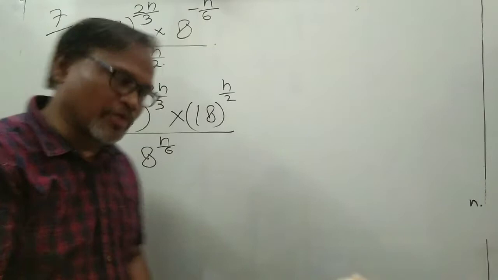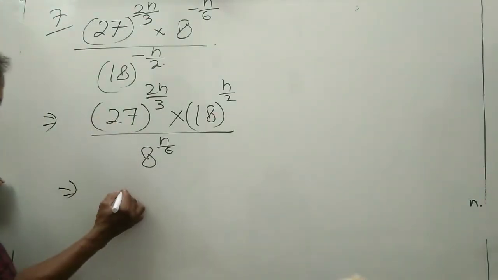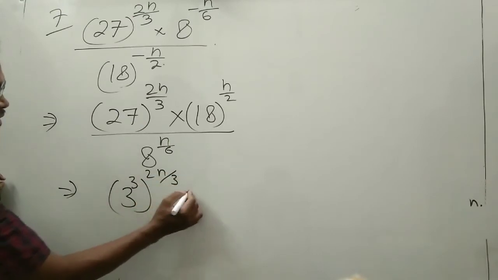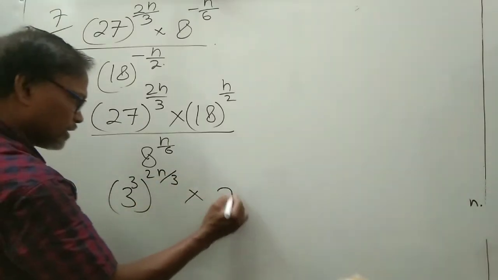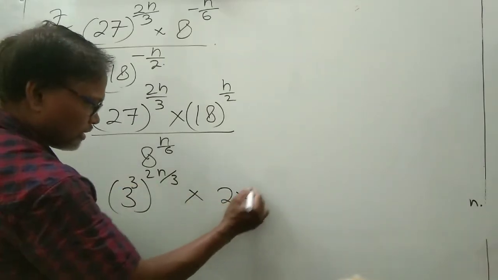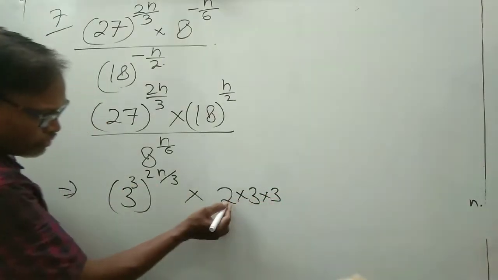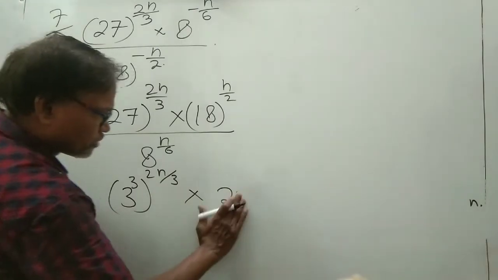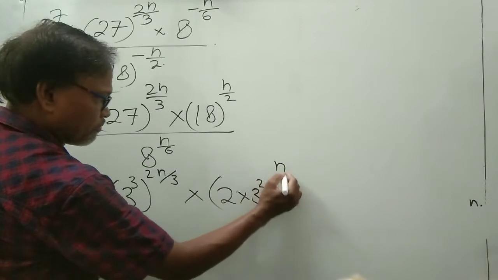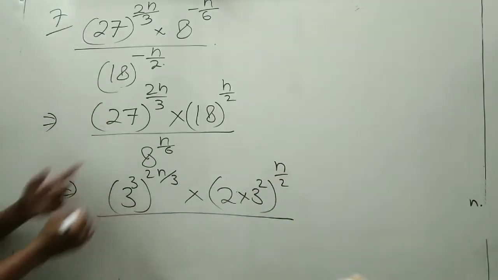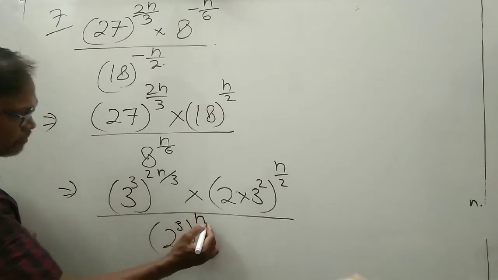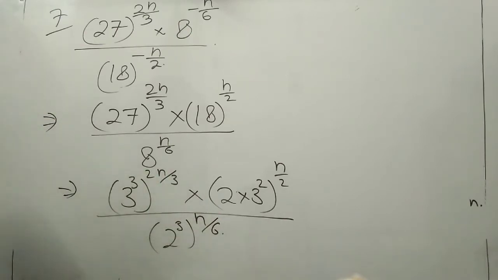How to change into prime factors? 27 you can write as 3 cube to the power 2n by 3. 18 you can write as 2 into 3 into 3, so it is 2 into 3 square to the power n by 2. Similarly 8 is 2 cube, so 2 cube to the power n by 6.